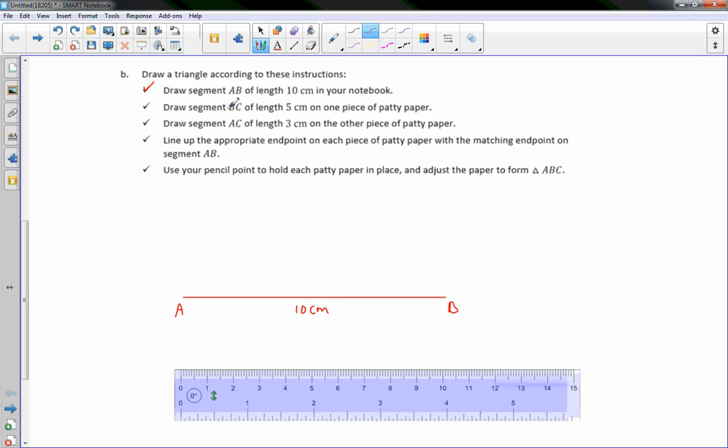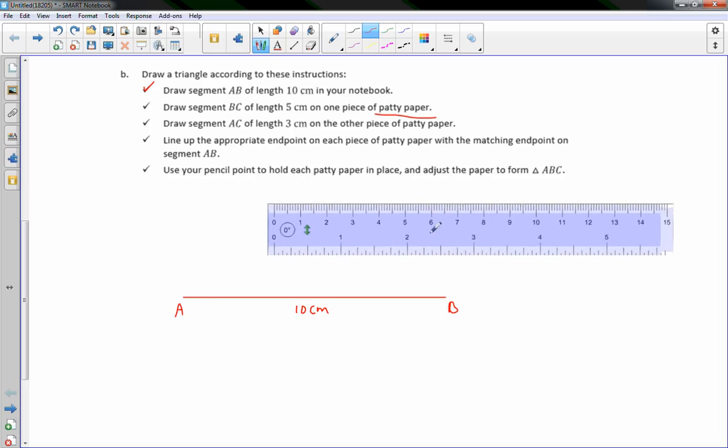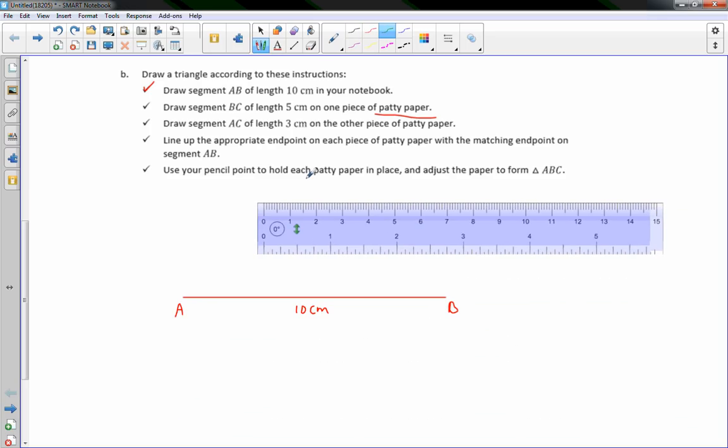Now it says to draw segment BC of length 5 centimeters on one piece of patty paper. Patty paper is an old kind of paper that's not used much anymore. It's really thin tracing paper that you can see through. We've been using sheet protectors, but since this is electronic, I can manipulate it like the patty paper. So I'm going to draw a segment BC, length 5.